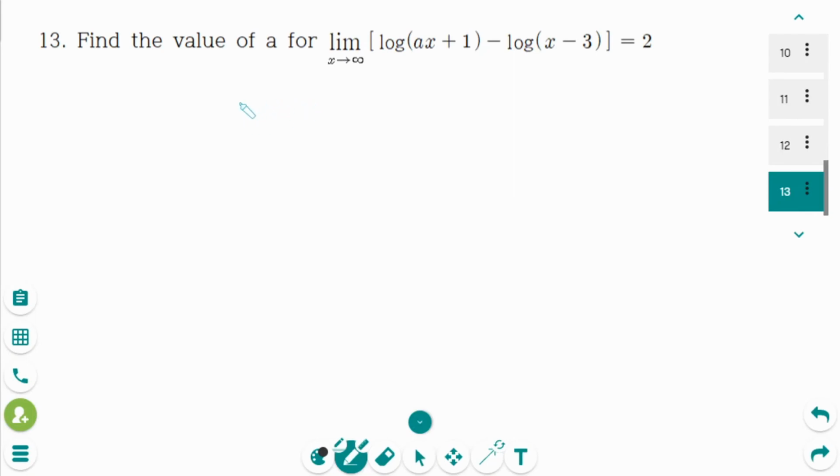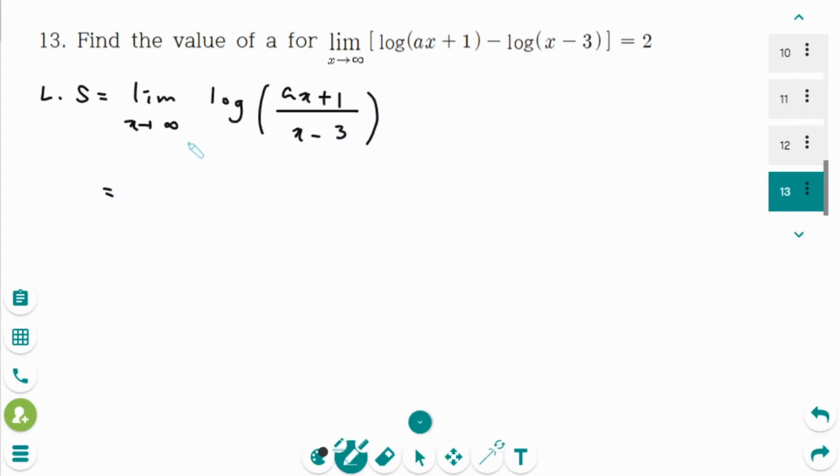This is the last question for this lesson. We will start with the left side first. Left side. Like this. Rewrite the left side using the logarithm. So log of ax plus 1 over x minus 3, like this.